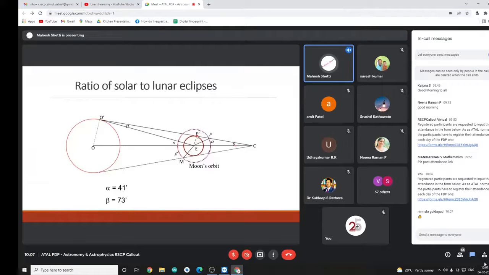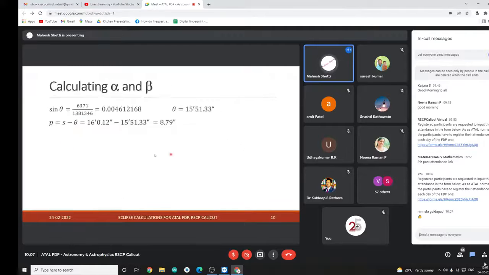So if I consider a particular triangle, say O dash, C and E, angle S is an exterior angle, and therefore it will be equal to the sum of the other two angles, P and theta. So S is equal to P plus theta. That gives us P is equal to S minus theta.